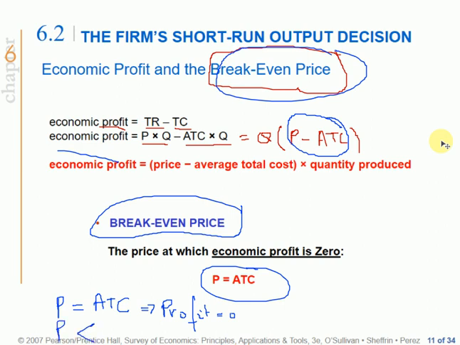Then we deduce that if the price is lower than the ATC, then your profit is less than 0. You lose money. If the market price is higher than your average total cost, then your profit is positive. You earn money. You earn positive profit.